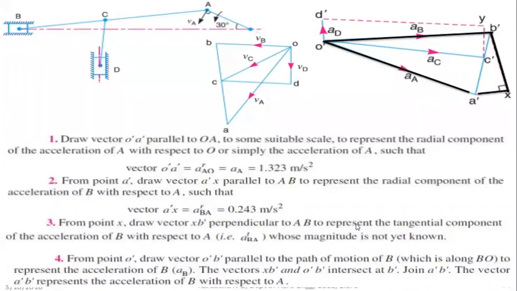So first, going to the procedure, draw O dash A dash parallel to OA. So this is the line of OA, and I am taking the line O dash A dash parallel to it. This is the line to be drawn. That is the acceleration of A in the direction of OA.